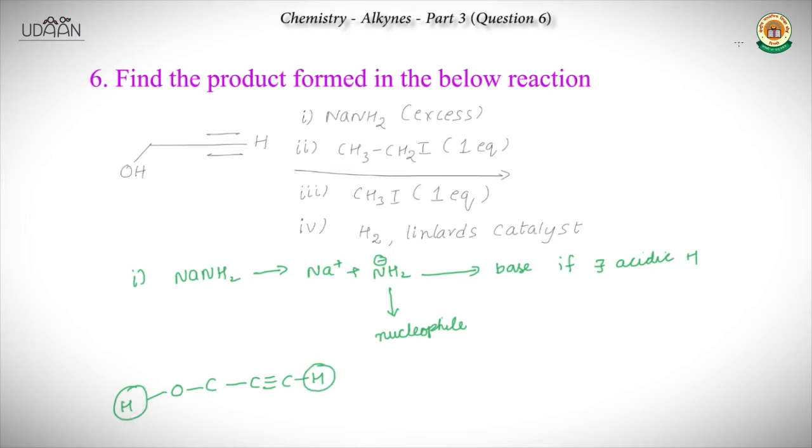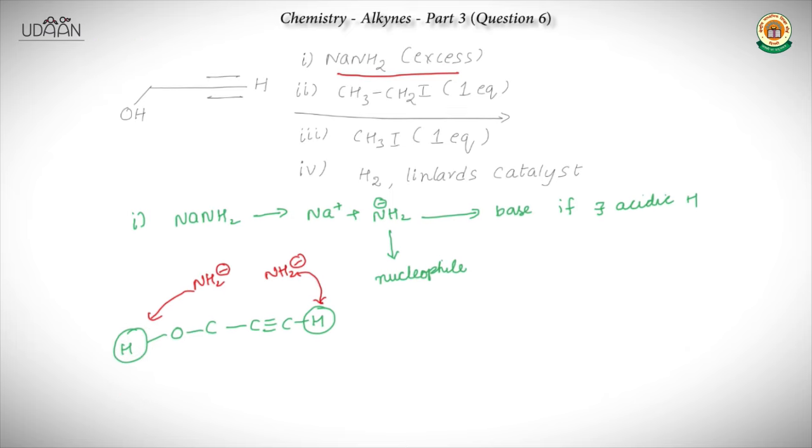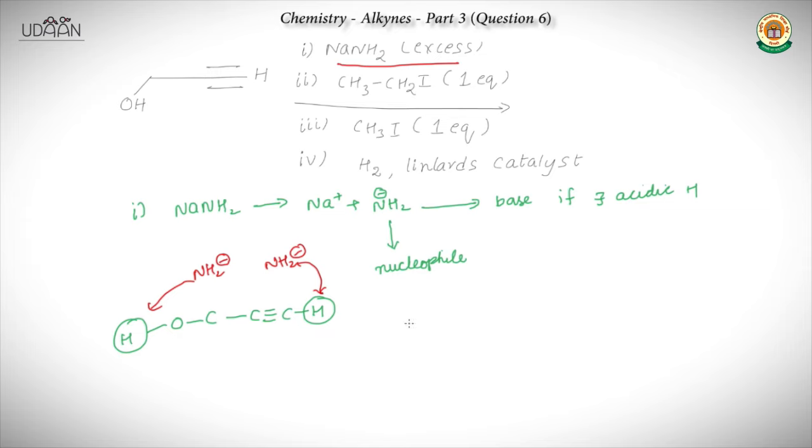Yeah. But we have excess of NaNH2. So, NH2 minus takes hydrogens from both the oxygen and the carbon. And the one you are going to get is O minus C triple bond C minus.